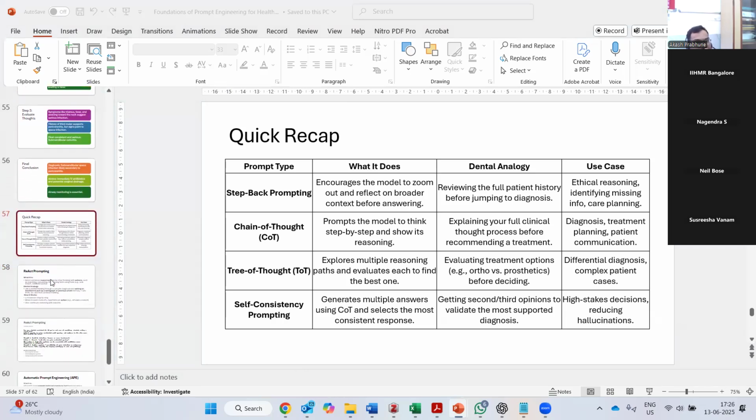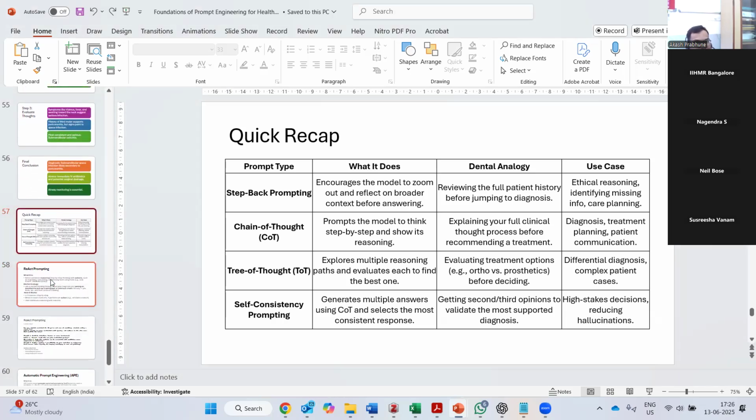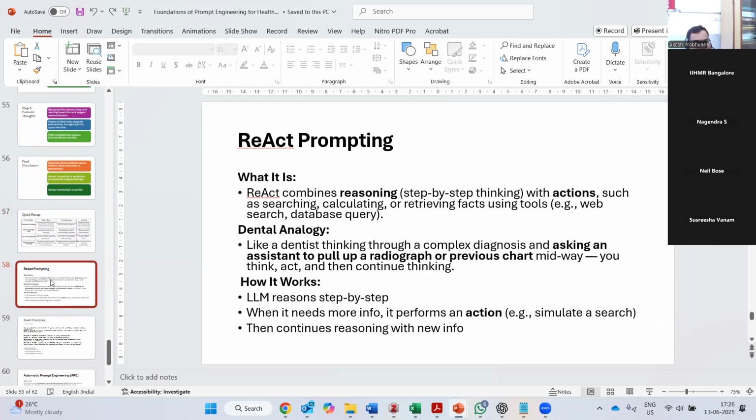I think we'll quickly explain what ReAct prompting is and what APE, or automated prompt engineering, is. That is for the next session. So what is ReAct prompting? It basically combines reasoning with action such as searching or calculating. It goes back to a database and looks.